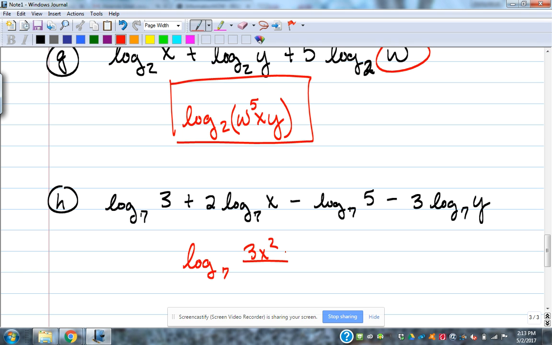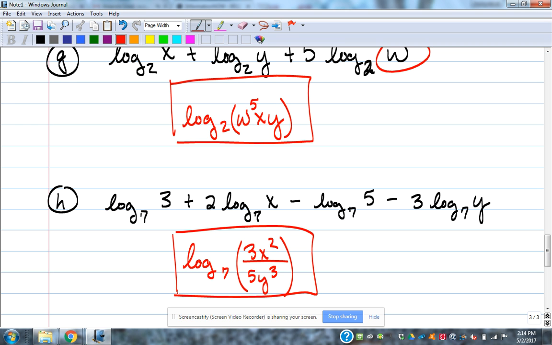So what's on the denominator here? 5y to the 3rd. And it's condensed. You're done. So we've taken this big long thing and written it as one logarithm so that we can have less to write, less to remember, maybe.